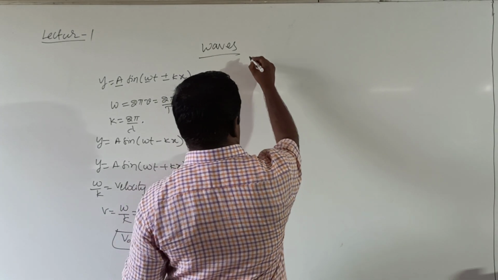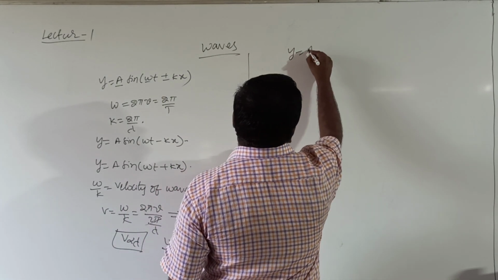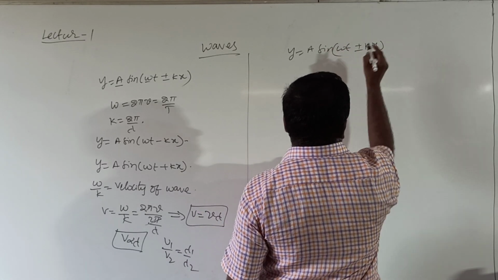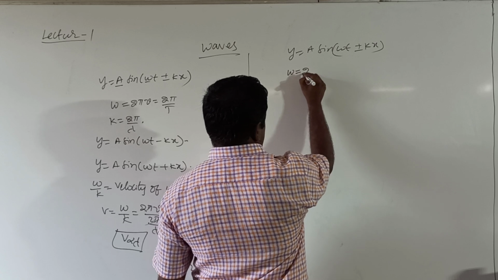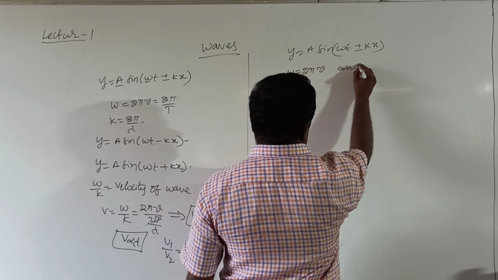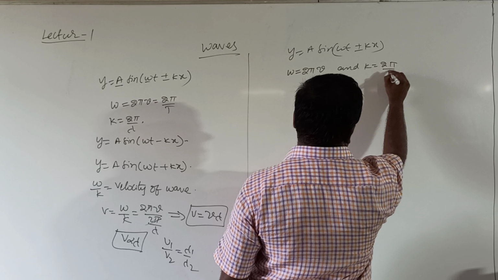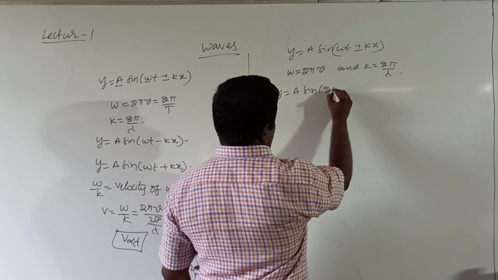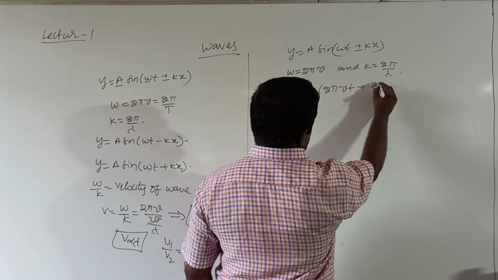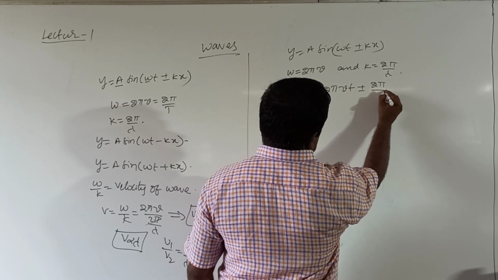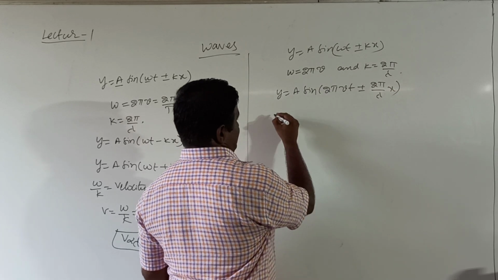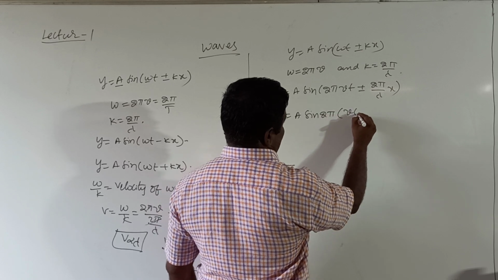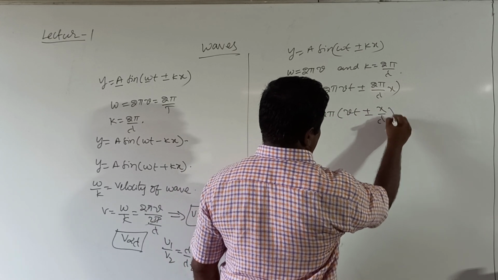The basic equation of progressive wave is y equal to a sin(omega t plus or minus kx). In this equation, we substitute omega equal to 2 pi mu and k equal to 2 pi by lambda. Then y equal to a sin(2 pi mu t plus or minus 2 pi by lambda into x). Then y equal to a sin 2 pi into (mu t plus or minus x by lambda).